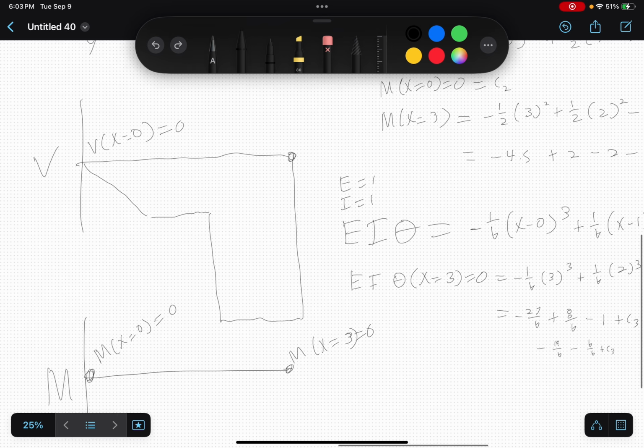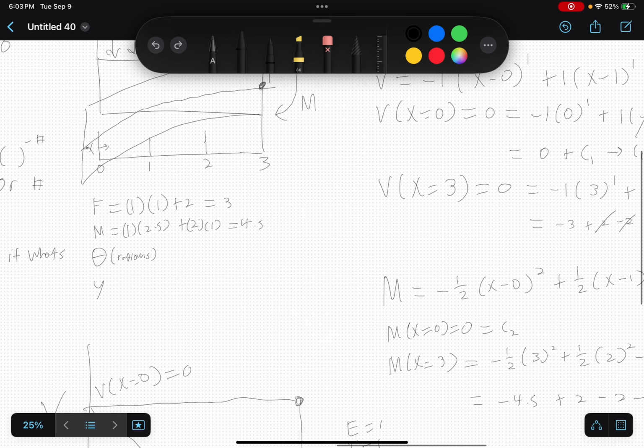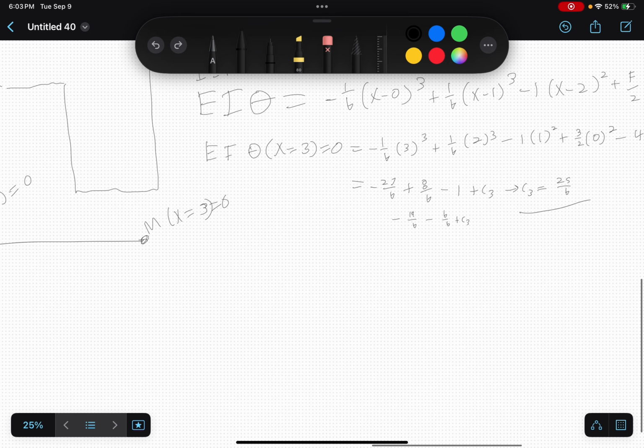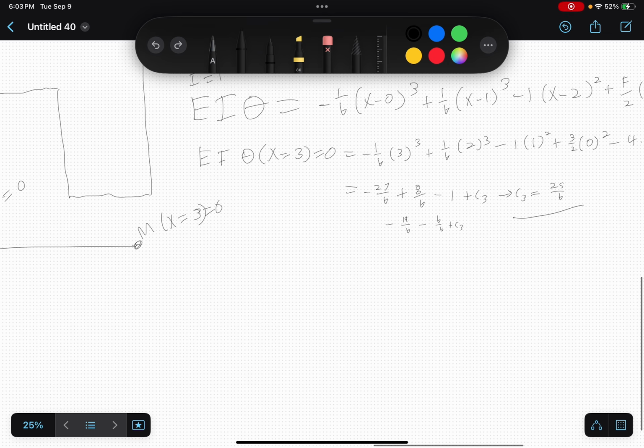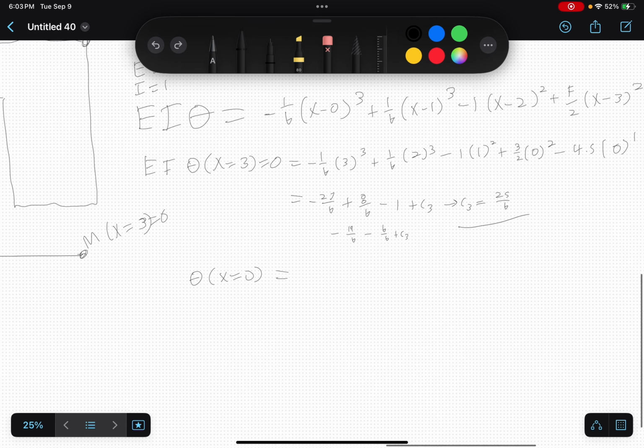And then we can solve for the angle at x equals 0. I don't know if I want to do it, but you could do theta at x equals 0 equals whatever, and you just plug in 0 into this equation. I don't want to do it though.